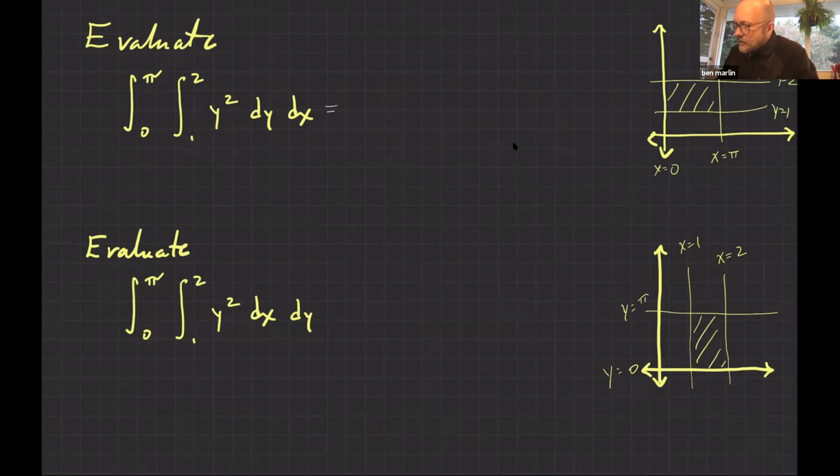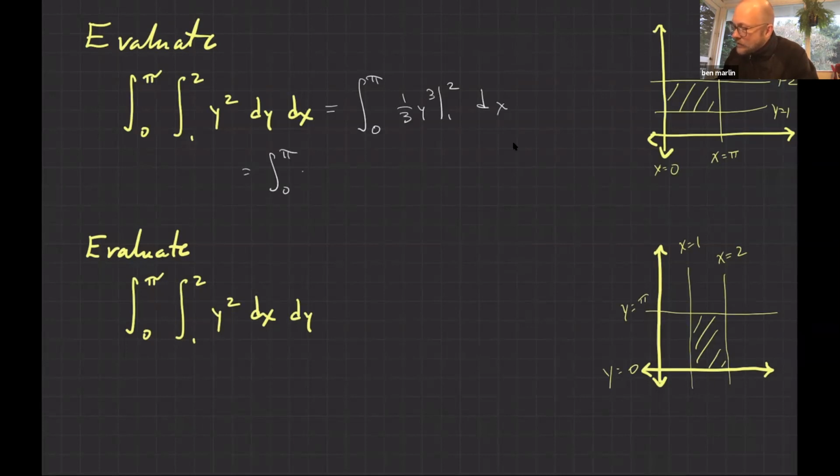But insofar as evaluating, you'll write down the 0 to pi, because it's on the outside, it happens last. The integral of y squared dy is 1/3 y cubed. Evaluate it from 1 to 2, and then put a dx after it. So we get an integral 0 to pi.